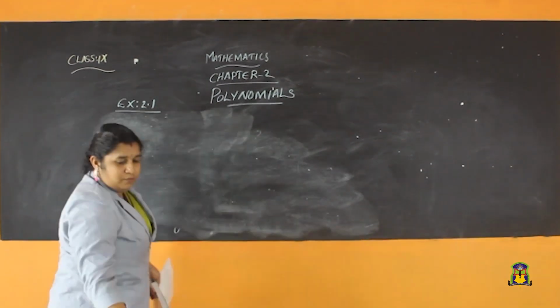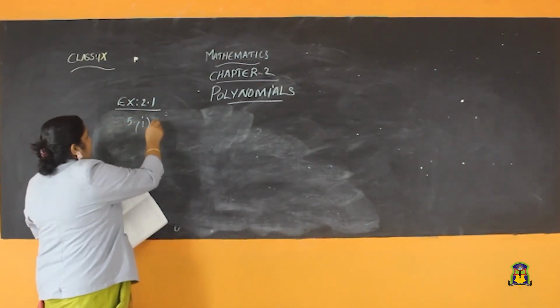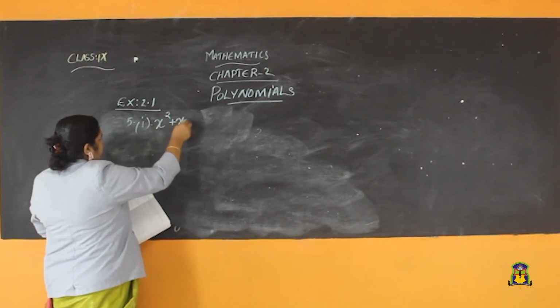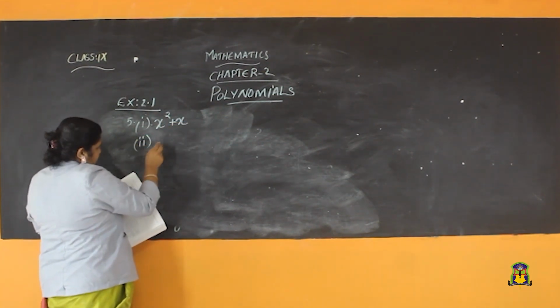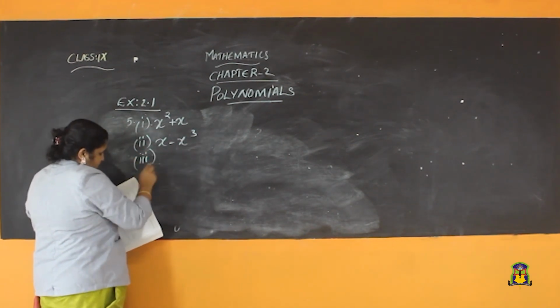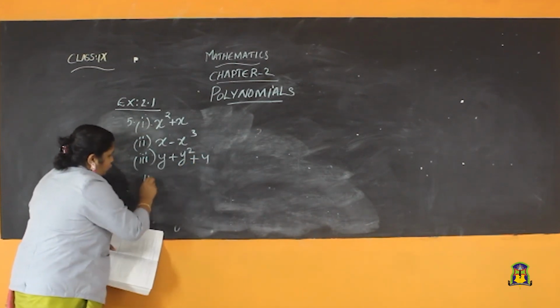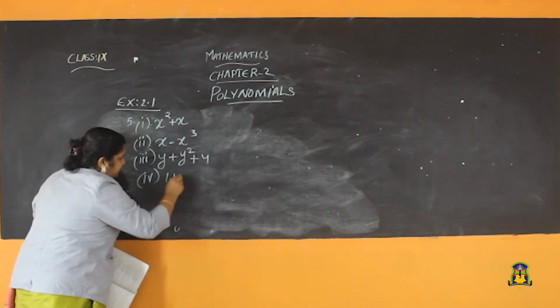Question number 5. First one, x square plus x. Second one, x minus x cube. Third one, y plus y square plus 4. Fourth one, 1 plus x.